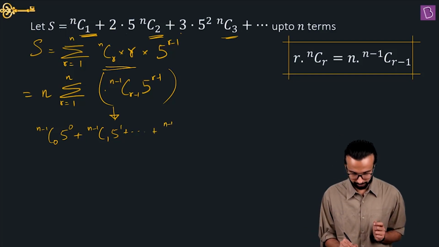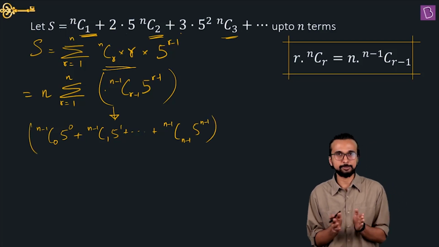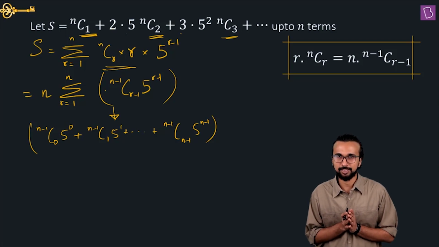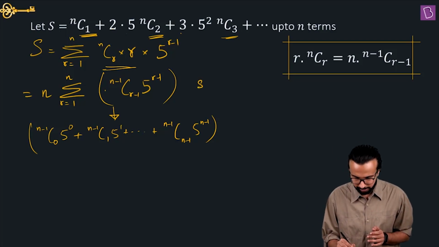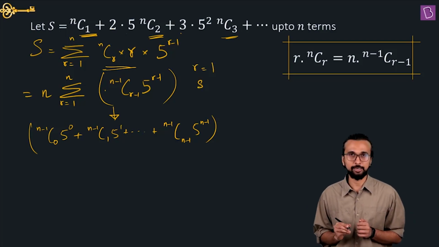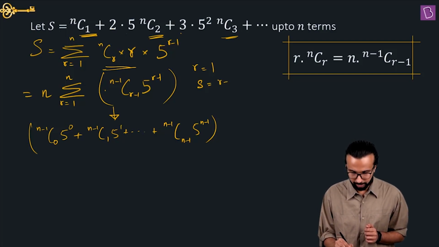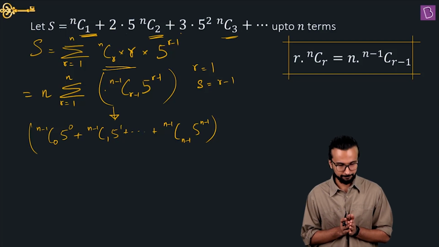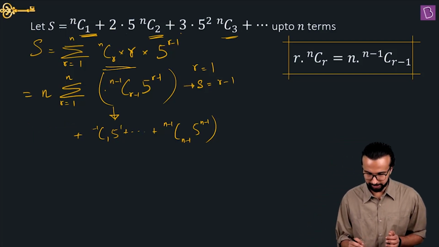This is n minus 1 C n minus 1 5 power n minus 1. Does this expansion look familiar to you? It should. Alright. Or what we can do is see that r is equal to 1 here. Let's define an s and call it r minus 1.